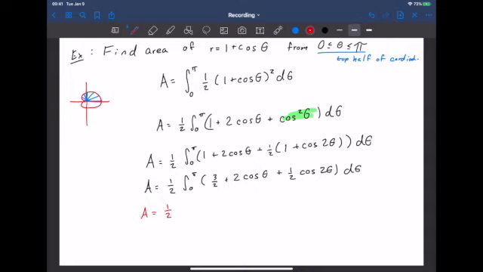So I'm changing color because something important's happening here. 3/2 theta plus 2 sine theta. And then what we just talked about, it'd be 1/4 sine 2 theta due to the chain rule. And that's from theta equals 0 to pi.